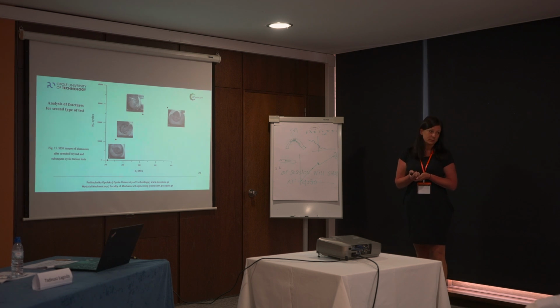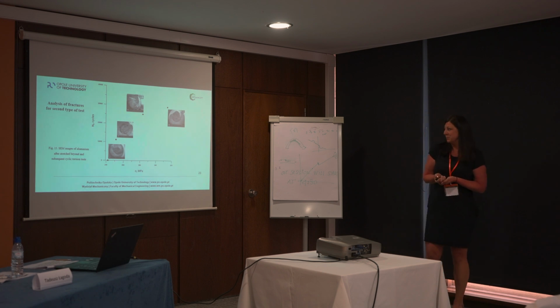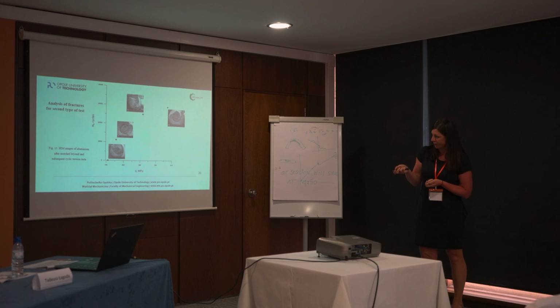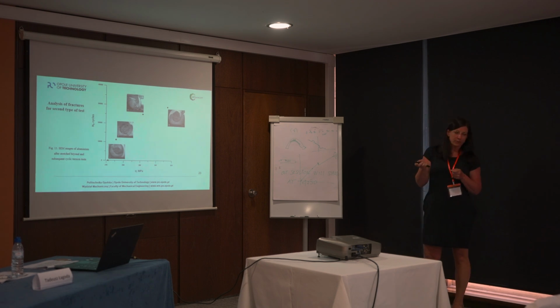Did other people see it in the literature? I find it fascinating actually. I don't know, but I observed only that as the value of yield increases, the area is more visible.